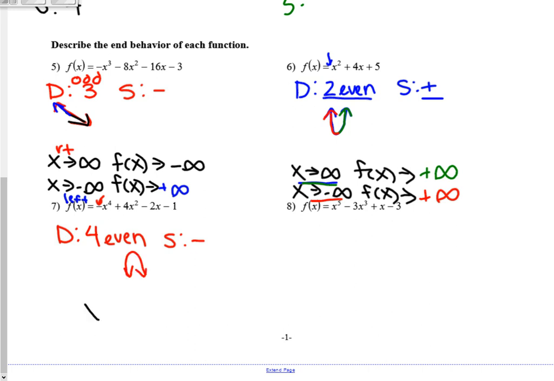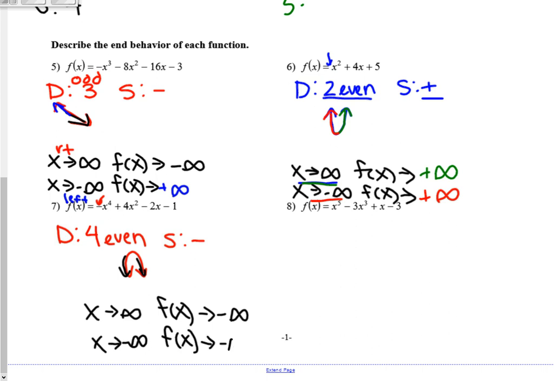Using my correct notation, as x approaches positive infinity, my graph is going down to the right, so f of x approaches negative infinity. As x approaches negative infinity, or as I go to the left on that graph, it is still going down, so f of x approaches negative infinity.